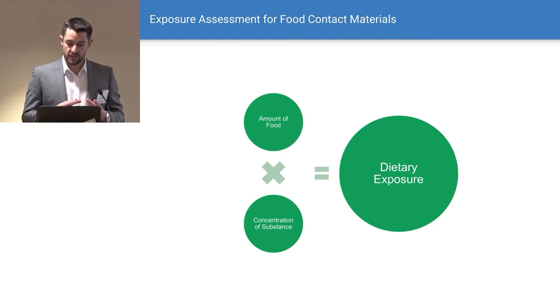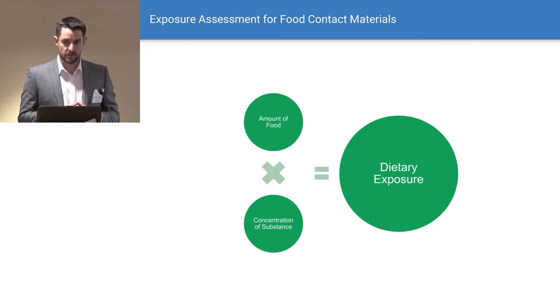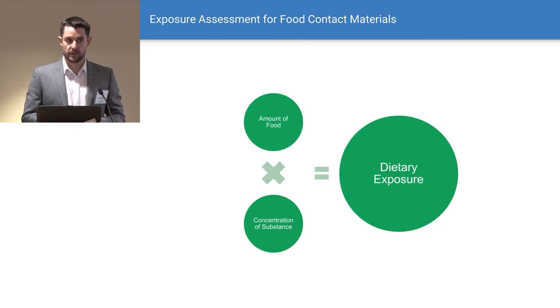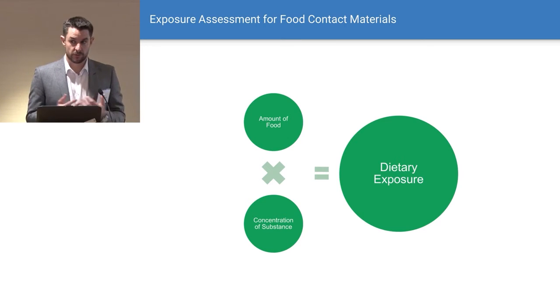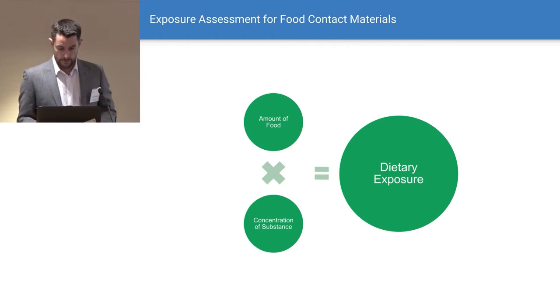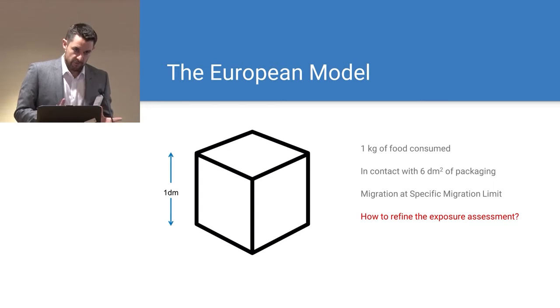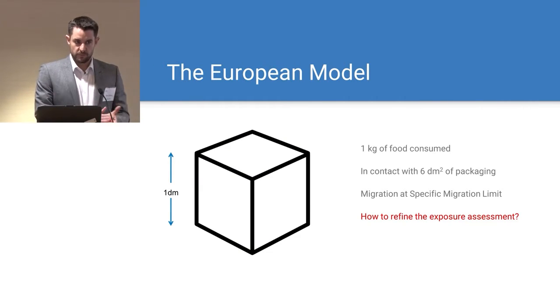So understanding this question with any kind of accuracy or detail beyond the kind of screening type calculations that we saw earlier on that Jason and Kirk presented requires a bit of work, and I want to talk about how we can refine it. So I'm not a regulatory affairs expert or anything like that. I'm just going to talk a bit about the science of how we can develop more refined estimates of consumer exposure. And everything I'm going to present is going to be tilted towards a kind of European perspective, which hopefully will be useful in discussions we're going to have today as well.